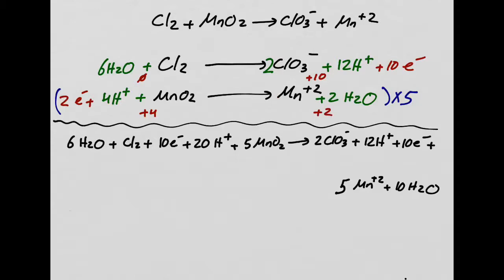Alright, now the very last thing, is there anything I can cancel out? We talked about this. When you get to this point, you better be able to cancel out the electrons. If not, you're in a lot of trouble. Okay, so that's good. Now, is there anything else I can cancel out here? There actually is. I have 6 water here.